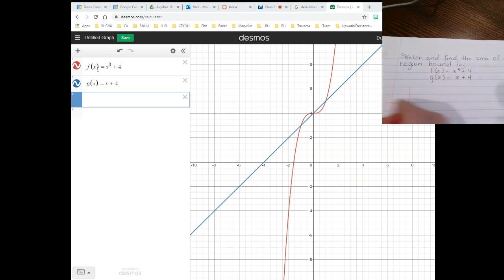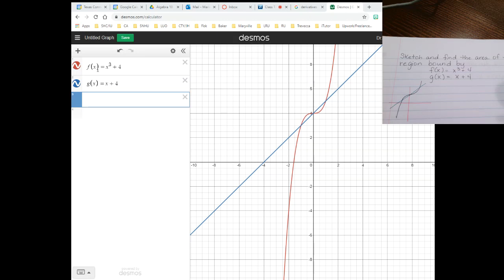I notice on the left side of the y-axis that my x cubed graph is somewhat like that, and then when our line comes through, it looks like this. So you can see on the left here that the curve is above, and you can see on the right that the line is above.